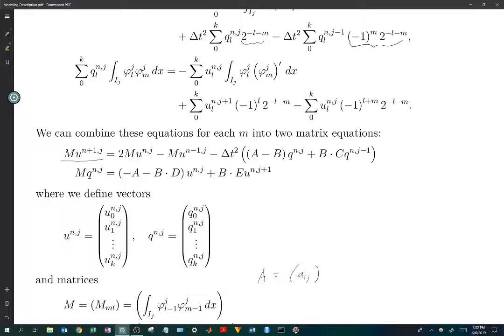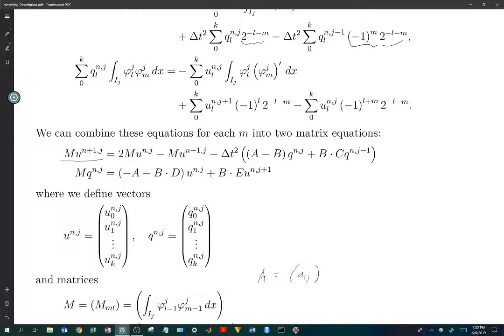So row m and column l will be the integral of phi_{l-1,j} times phi_{m-1,j}. I'm subtracting 1 because I'm putting this into MATLAB, which is coding, so we have to worry about off-by-one errors because those happen all the time, and you have to be careful about those.